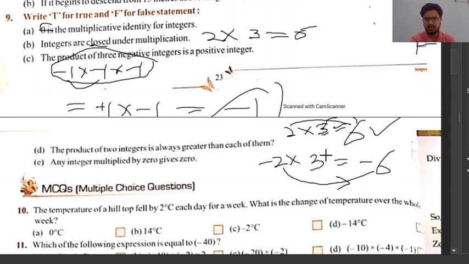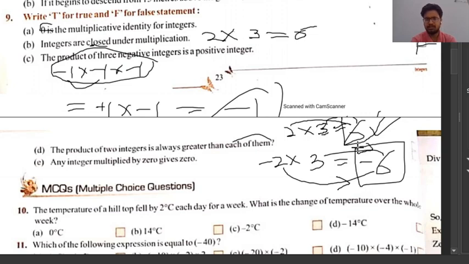Similarly, this 3 is greater than -6. So, the product of two integers is always greater than each of them. Here you notice that the product is smaller than these two integers.